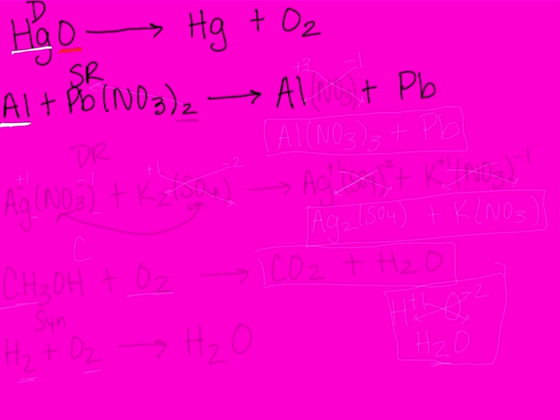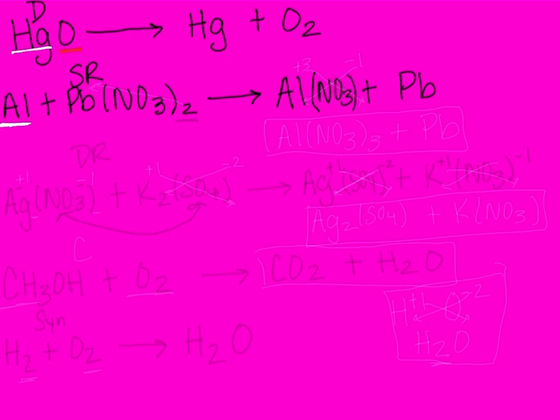Now, NO3 is a polyatomic ion, which is also identified as a nonmetal. So my nonmetal is the only thing being moved. Since my nonmetal was already paired with Pb, I'm going to move it to the other single metal, which is Al in this case.